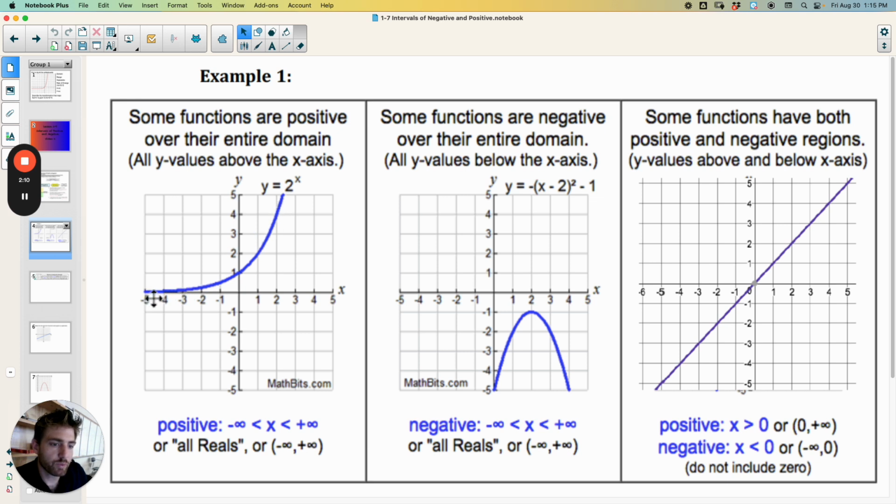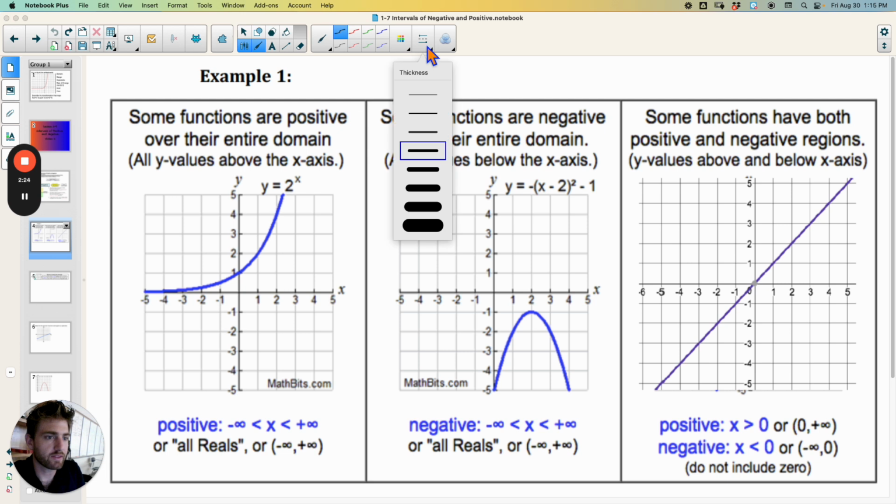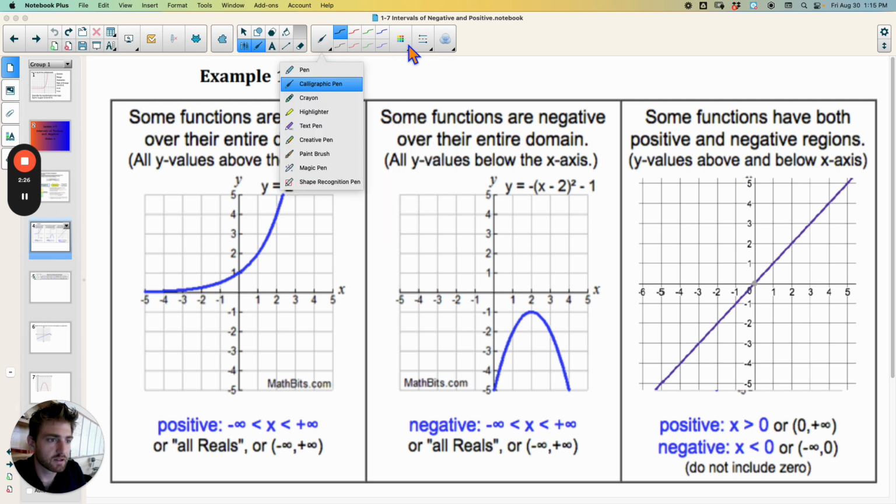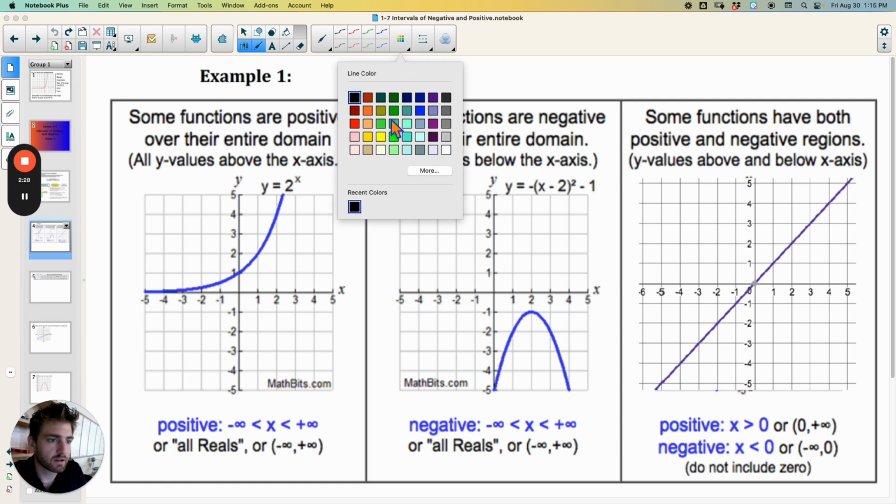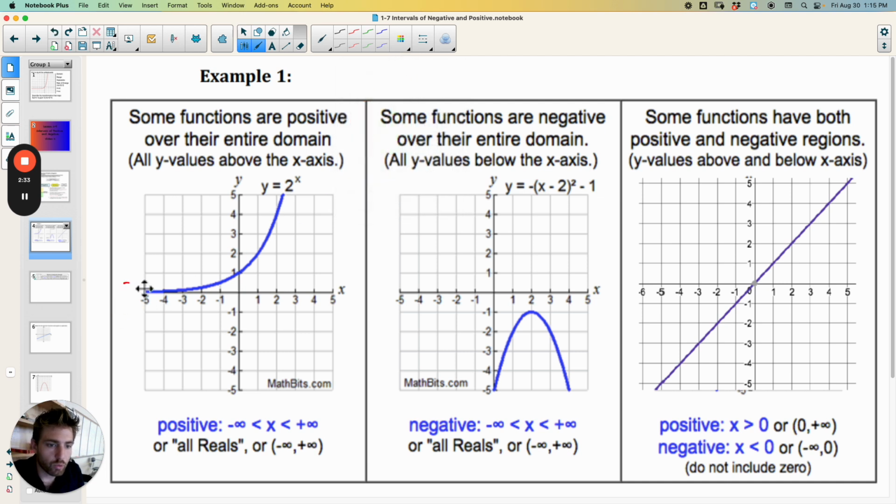As I scan this graph from left to right, starting where x is negative infinity, this is negative infinity, and this is positive infinity if you were to keep going. Going from left to right, this graph is always above the x-axis.